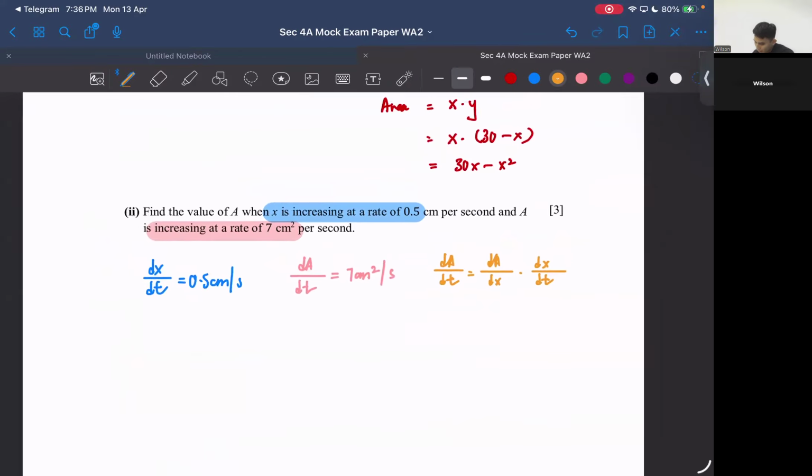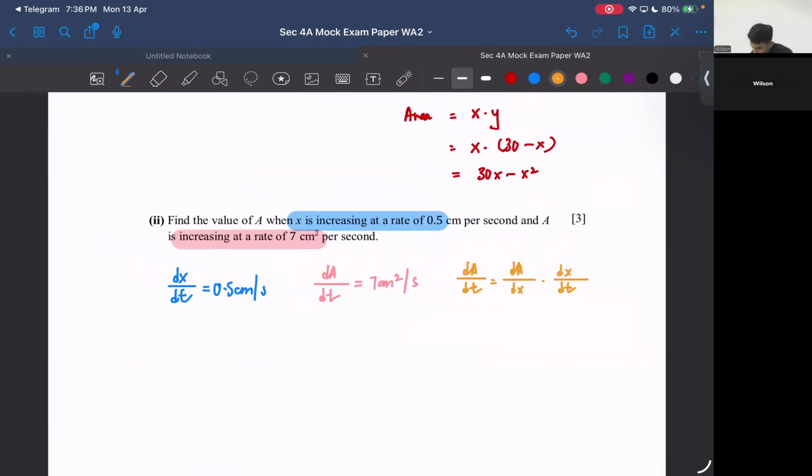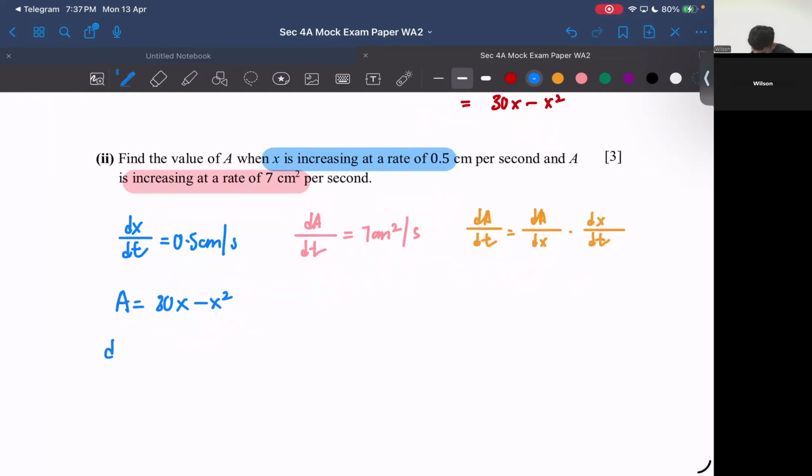In our previous question, we found A equals 30x minus x squared. Audrey, dA over dx is equal to what? Yes, 30 minus 2x.